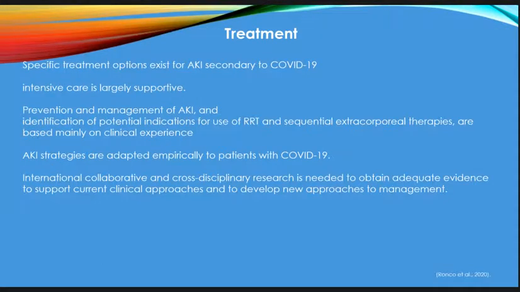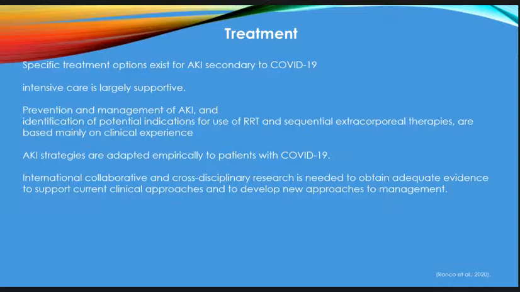So treatment: specific options exist for acute kidney injury secondary to COVID-19, which is largely supportive. Prevention and management of AKI and identification of the potential indication and use of renal replacement therapies, or RRT, and sequential extracorporeal therapies mentioned earlier are based mainly on the clinical experience of the nephrologist and the intensivist in the ICU, because these patients will definitely be in the intensive care unit.